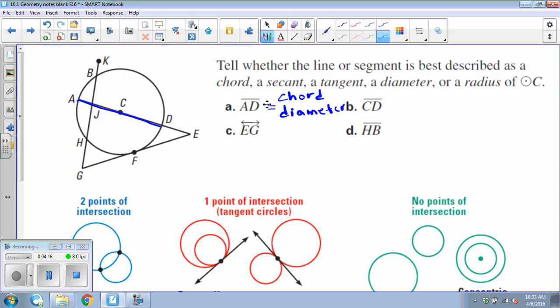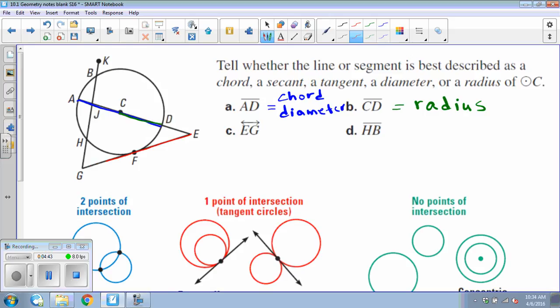Okay? So now let's look at the next one. CD. So CD, that's just this. What is that? Radius. A radius. Why is it not a chord? It doesn't reach the other side. It has to go to both sides of the circle to be a chord. Okay? EG. That's line, right? Line EG.